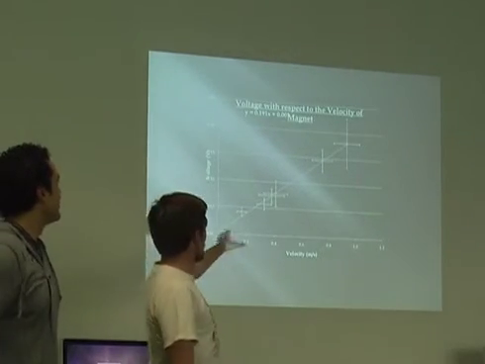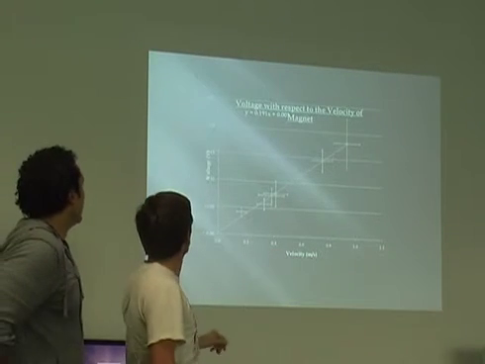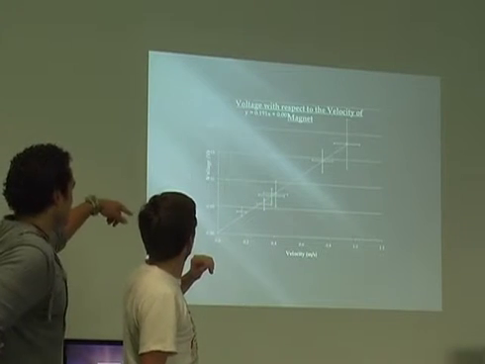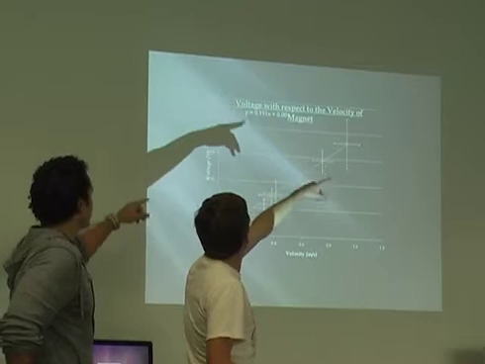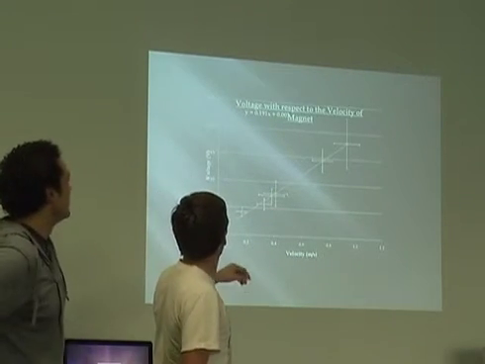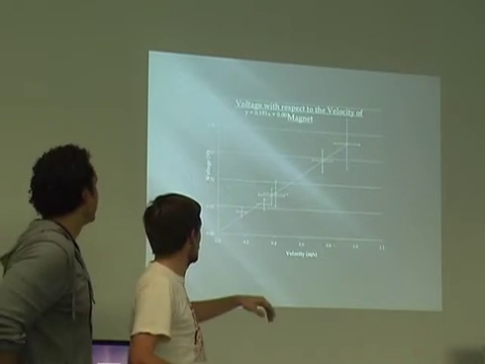We have a graph here, which is voltage with respect to velocity, I think. And here's the equation. That's velocity on the bottom and voltage on the side. We plotted this just in Excel with error bars, like we've been doing all year.